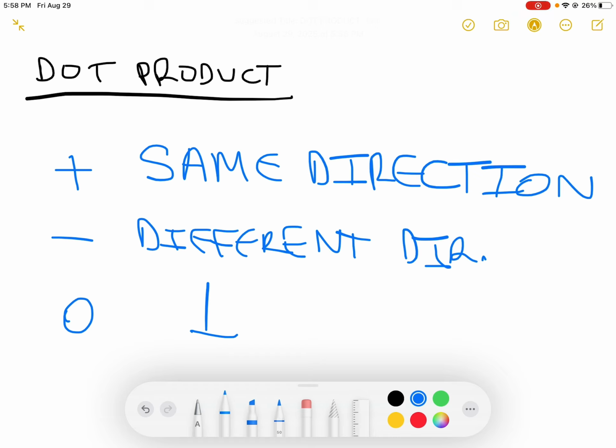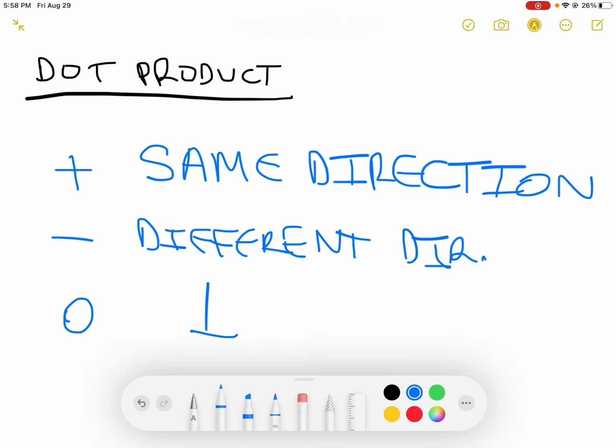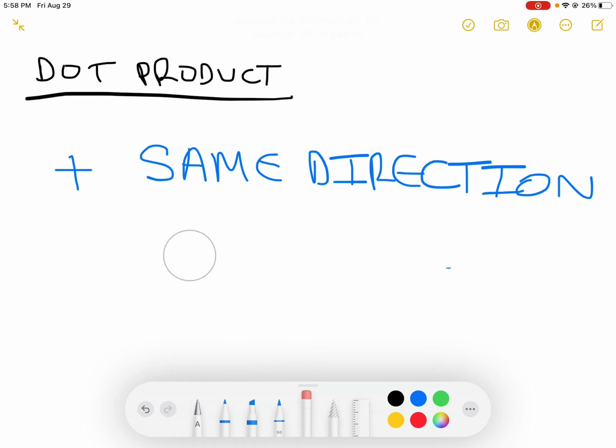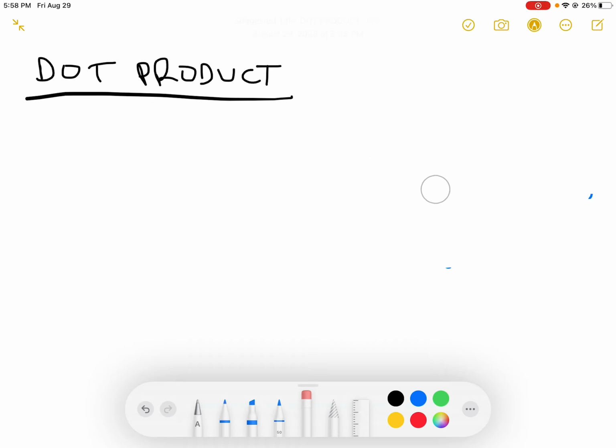But one thing that you might be thinking at this point is, okay, now I know if it's positive or negative, if they're in the same or different direction. But what about the value itself of the dot product? What would it mean if it's a bigger number versus a smaller number? If our dot product is 20 versus 7, wouldn't we want to say that they're more related if it's a bigger number than if it's a smaller number?